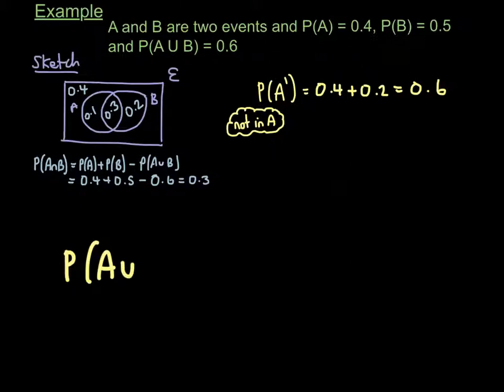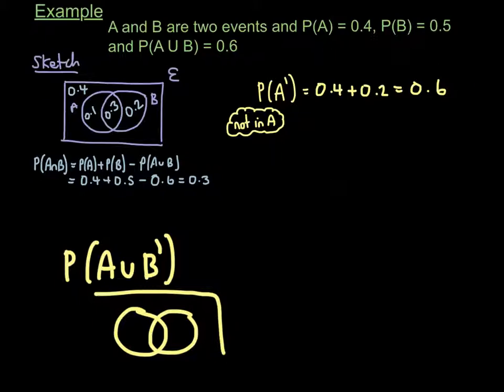Probability of A union B complement. It's a little bit more complicated. So that's going to be everything that's in A and everything that's not in B combined. Alright.